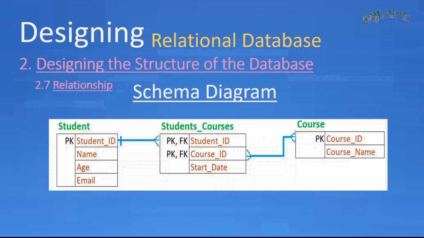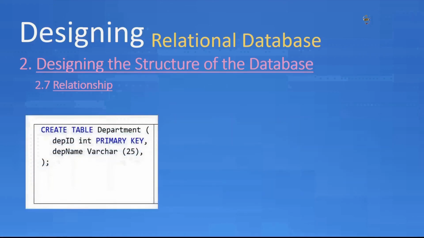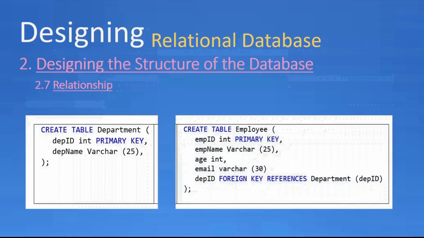Using the finished ER and schema diagrams, we can create the tables and their relationships with SQL commands, for example. So relational database design, or structure of a relational database includes all these.